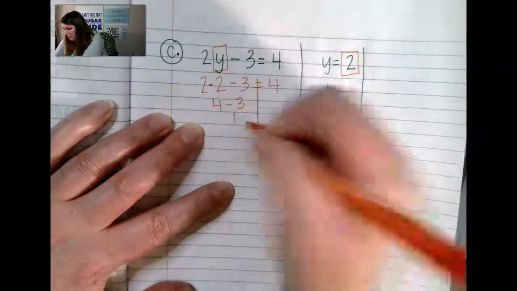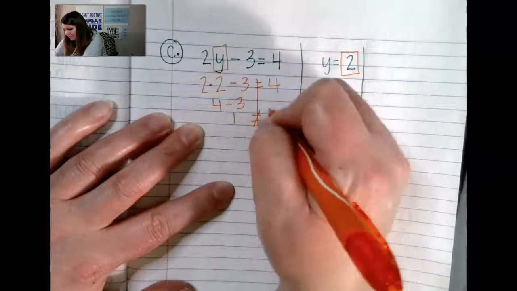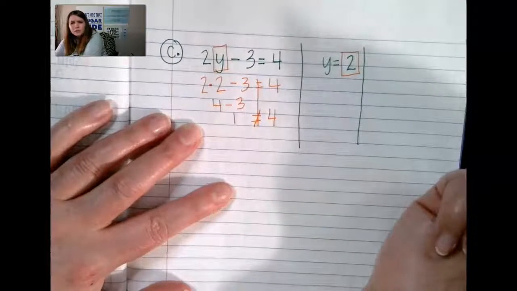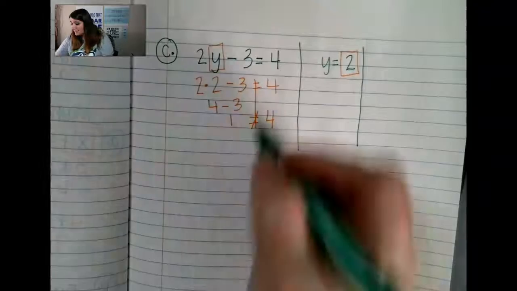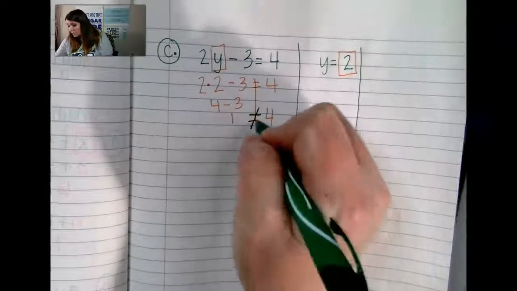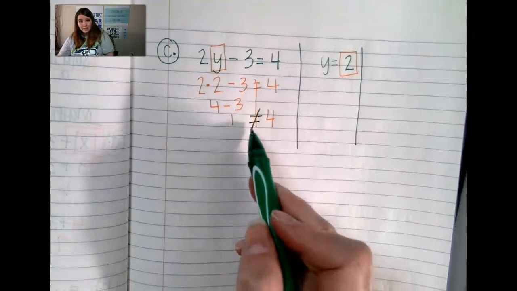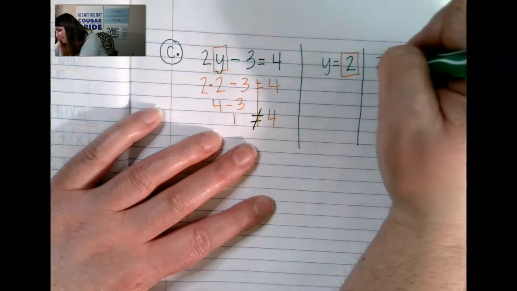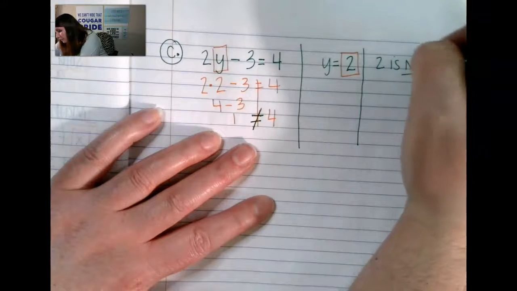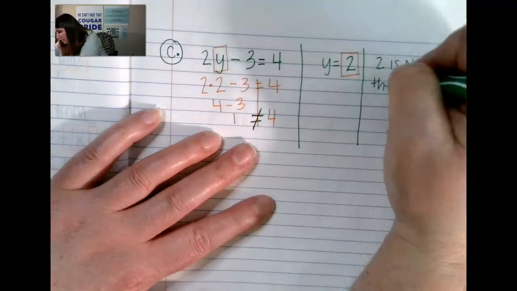Minus 3, that's 1. 1 is not equal to 4. So that's not going to work. It's not a solution, so we slash it because it's not equal. 1 does not equal 4. So 2 is not the solution.